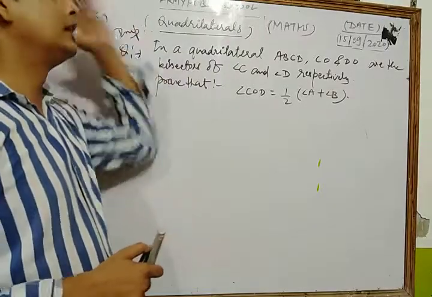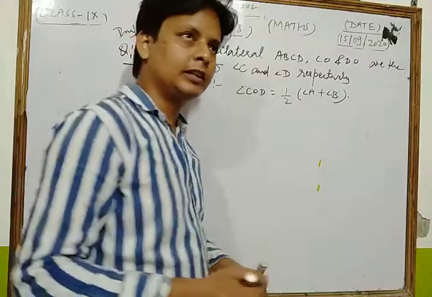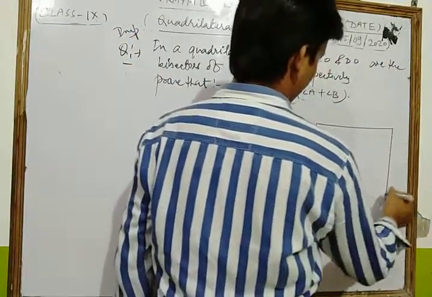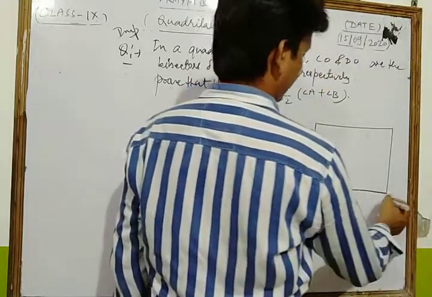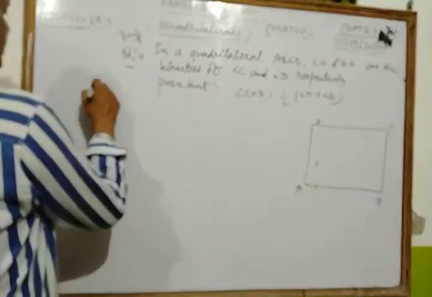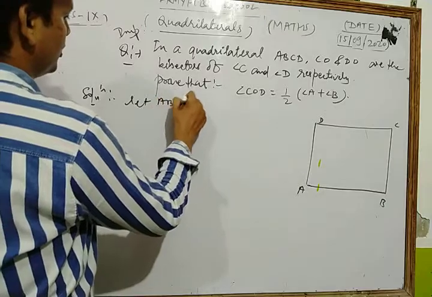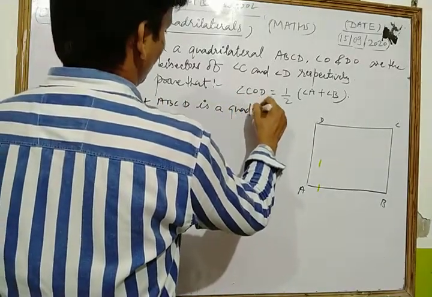Let's see, dear students. Here in a quadrilateral ABCD, first of all, we draw a quadrilateral ABCD. So let's see its solution. First of all, let ABCD be a quadrilateral.